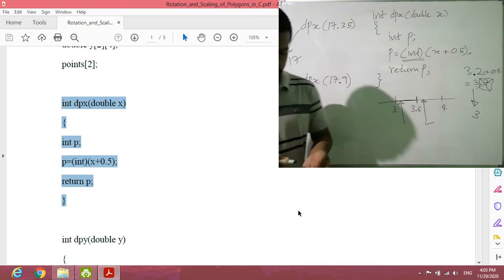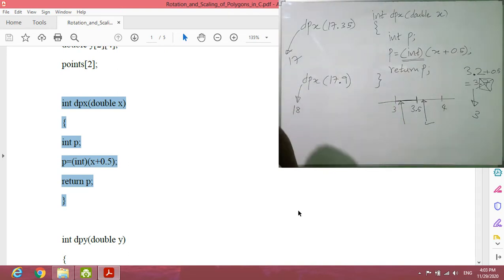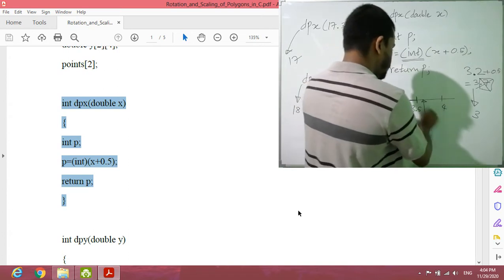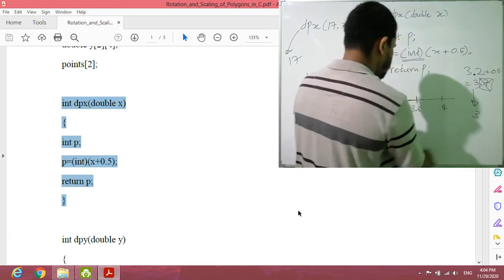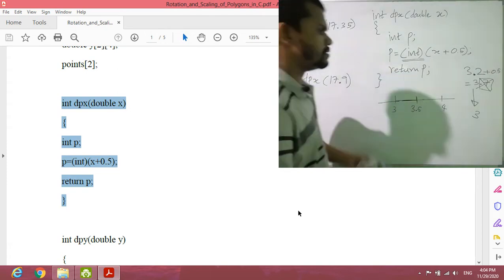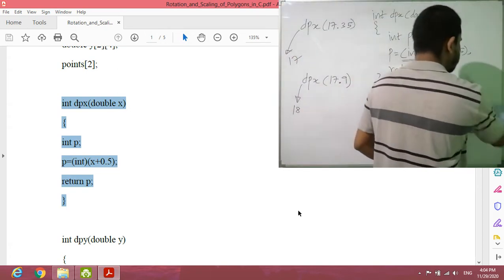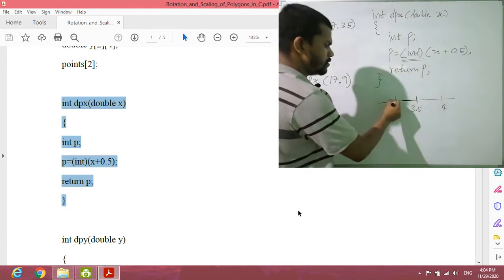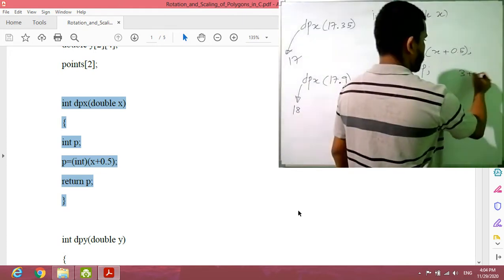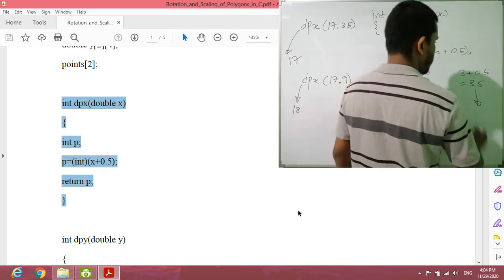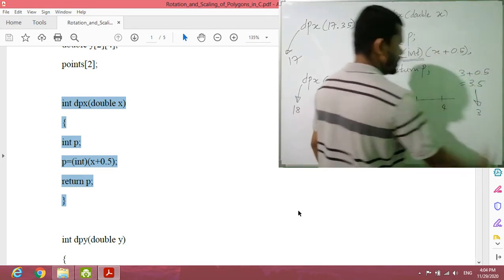Okay, so in the same way, now what happens? Same logic, you can apply to any number in between. Let's say if it is 3, what happens? 3 plus 0.5 is 3.5, and when we discard the fractional part you will get 3.